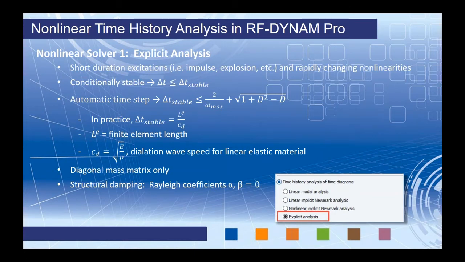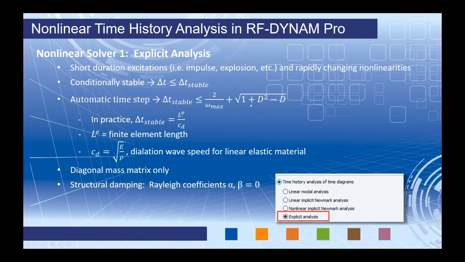Well, the question is, what is delta t stable? And you can see here that I've actually listed this formula here. Now, the program can automatically determine what delta t stable is. So by all means, you can use the automatic time step within the explicit analysis solver. The equation is 2 over omega max times the square root involving Lehr's damping ratios.